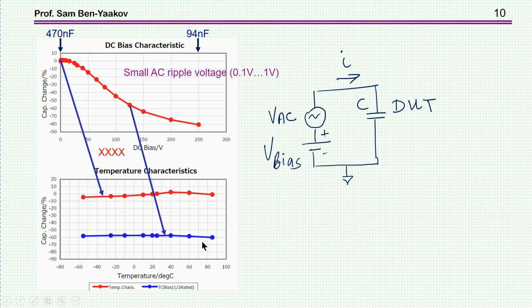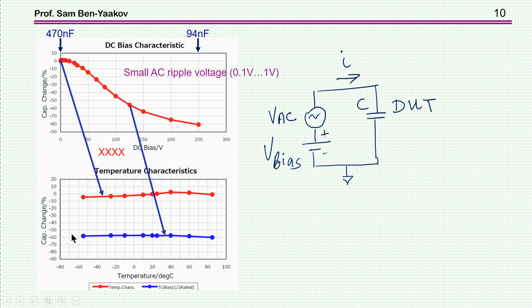Now, here is the temperature dependence. We talked about it earlier, and we see, first of all, the temperature dependence for the capacitor at zero bias voltage. This is the red one, zero bias voltage. This is this point, in fact, and you see some changes, which are a few percent for this capacitor.